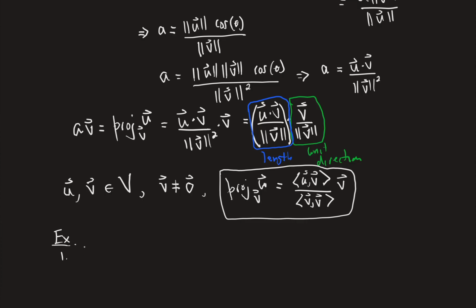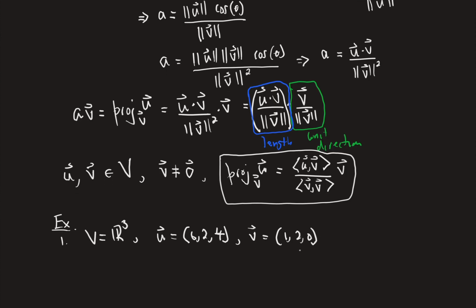So for part A, let's say that V is R3, and let's say that U is the vector. Again, I'm just picking these somewhat at random, right? So there's U, here is V, and then we have 1, 2, 0.